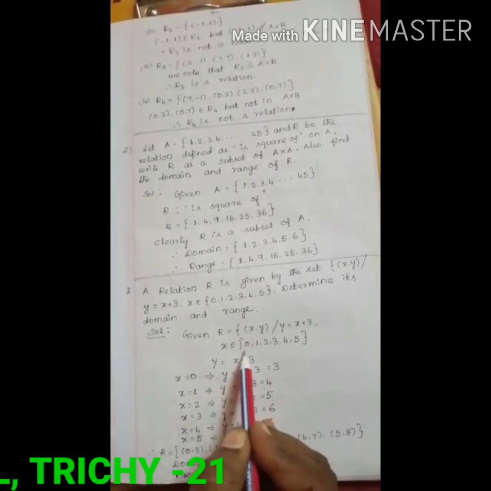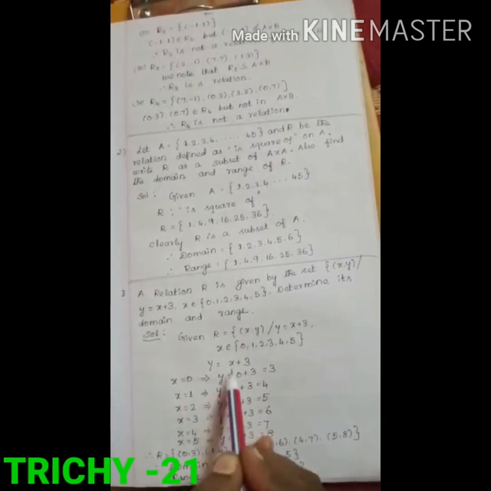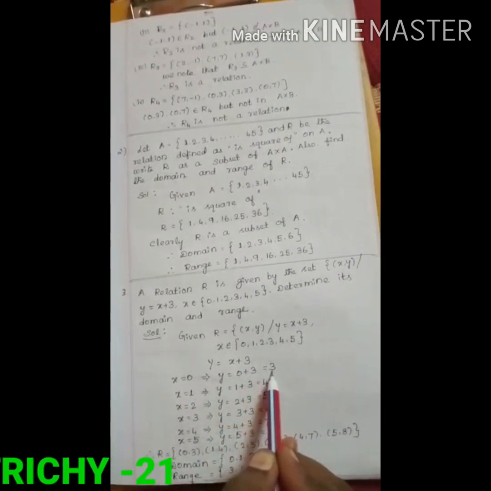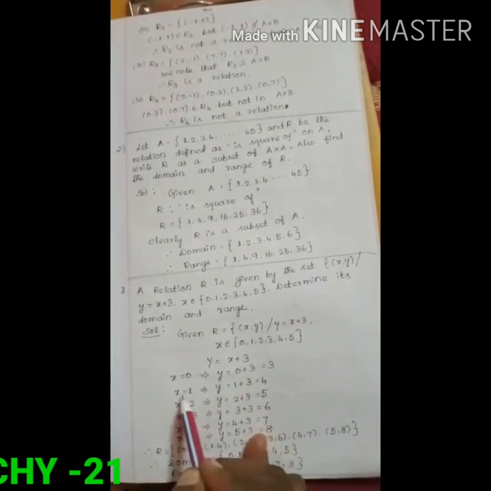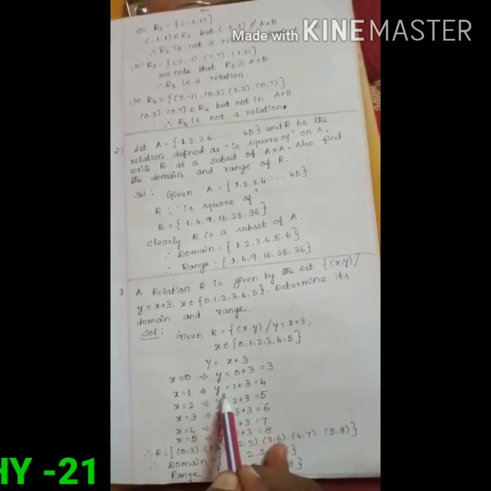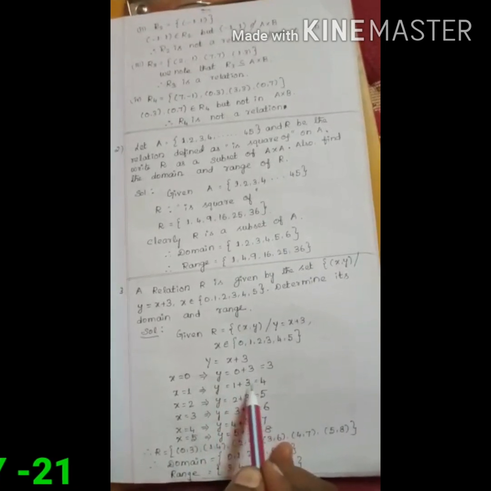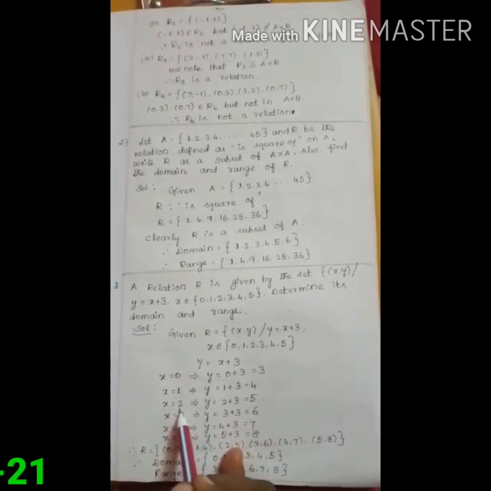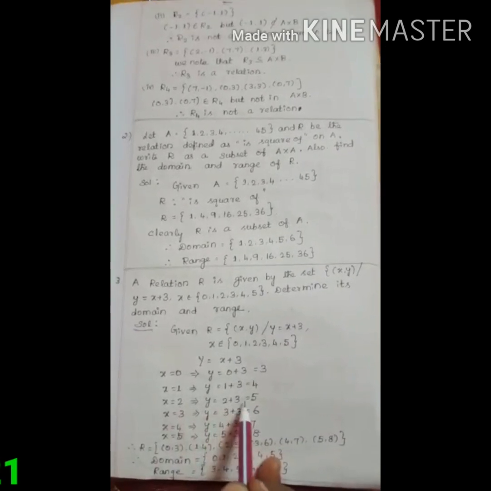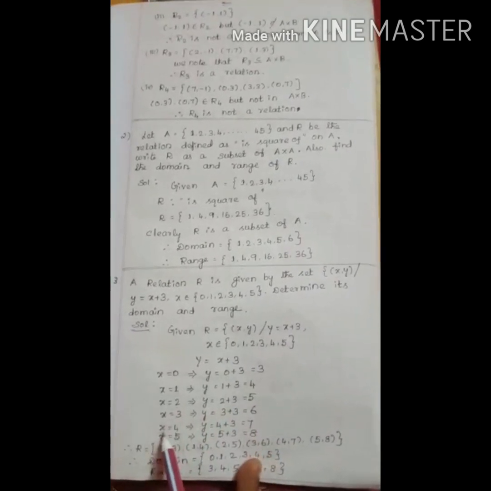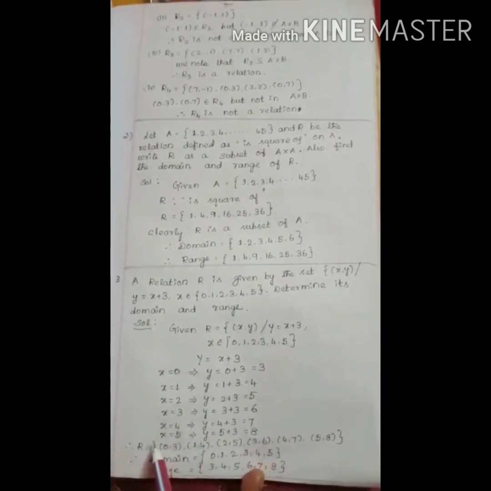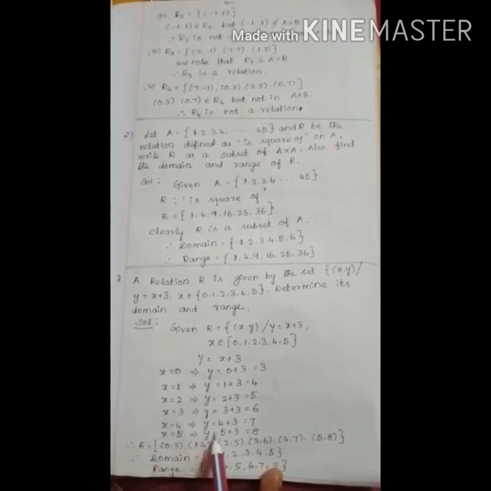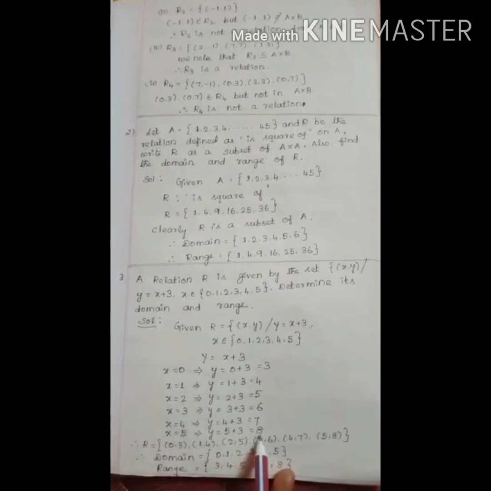We substitute x equal to 0, we have 0 plus 3 equal to 3. We substitute 1 in y equal to x plus 3, we have y is equal to 1 plus 3 equal to 4. x equal to 2, y is equal to 2 plus 3 equal to 5. x equal to 4, y is equal to 4 plus 3 equal to 7. x equal to 5, y is equal to 5 plus 3 is equal to 8.